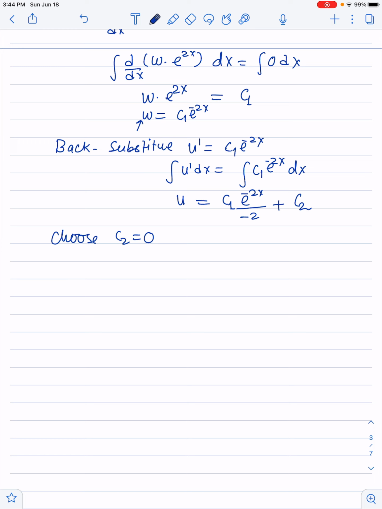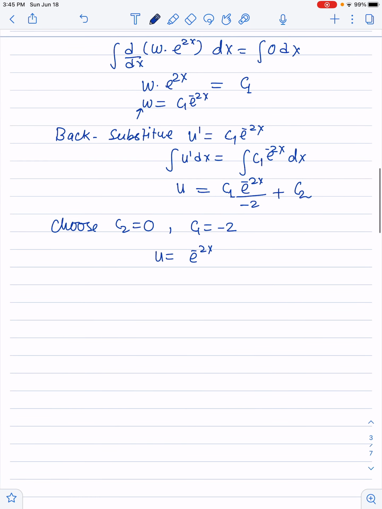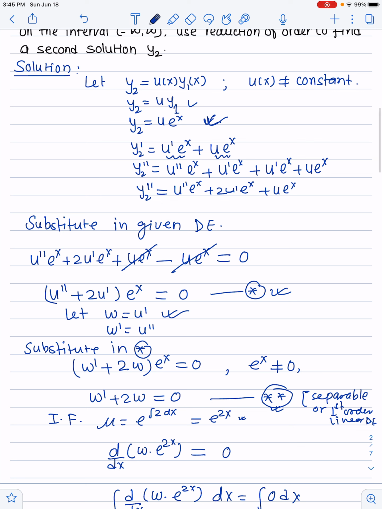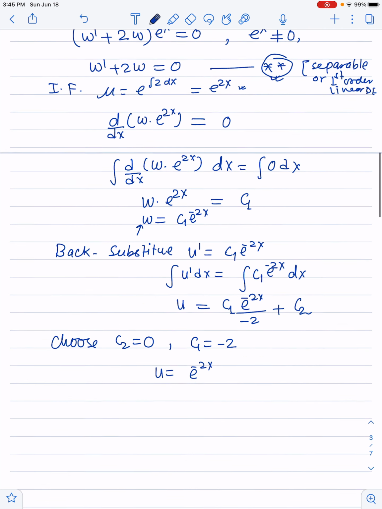I'm just choosing c2 equals 0, to make it a little bit simple, and c1 equals negative 2, and then I will get u equals e to the negative 2x. So I'm plugging u equals e to the negative 2x into this equation to get the value of y2.